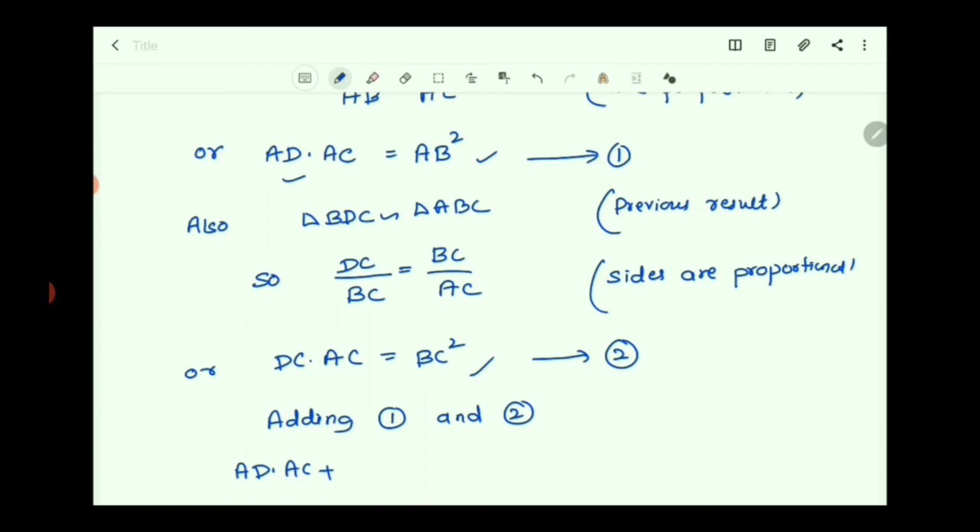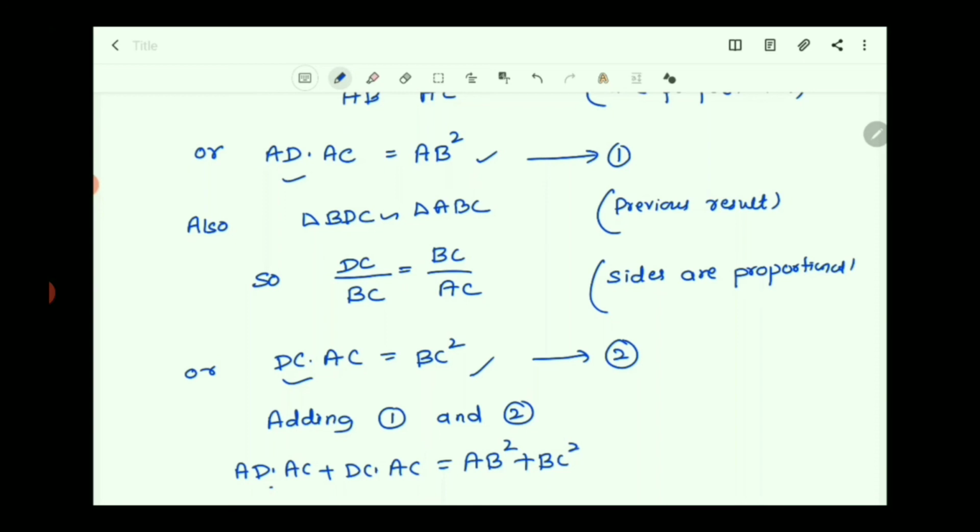So AD into AC plus DC into AC on the left, and AB square plus BC square on the right.